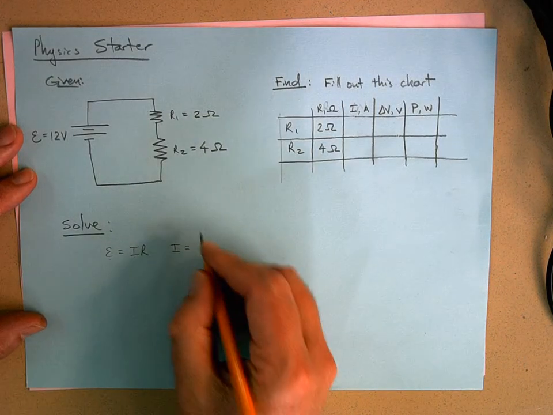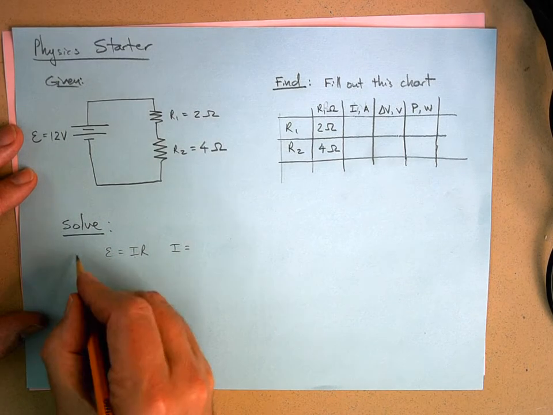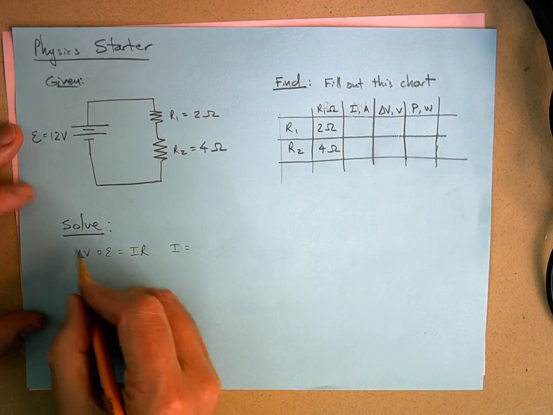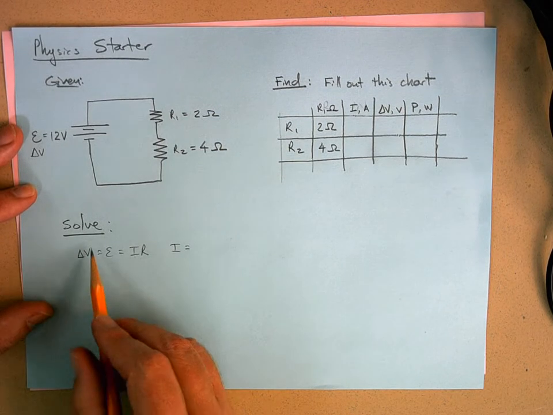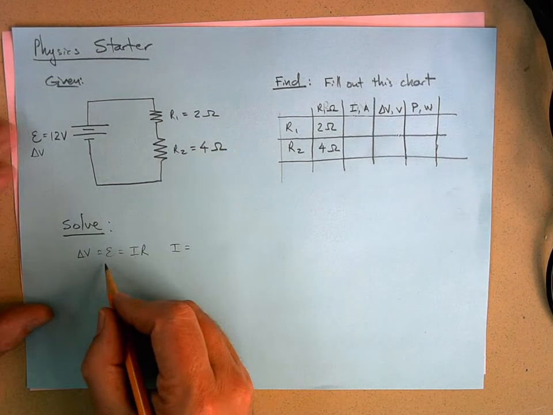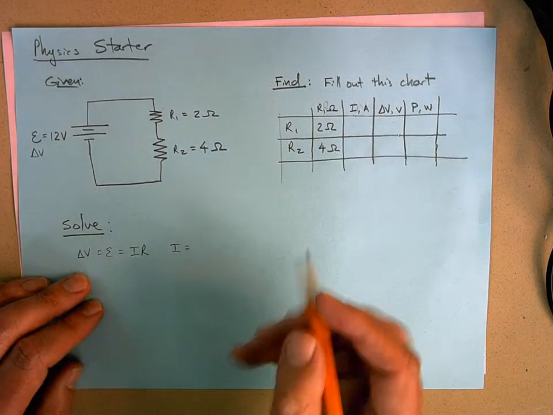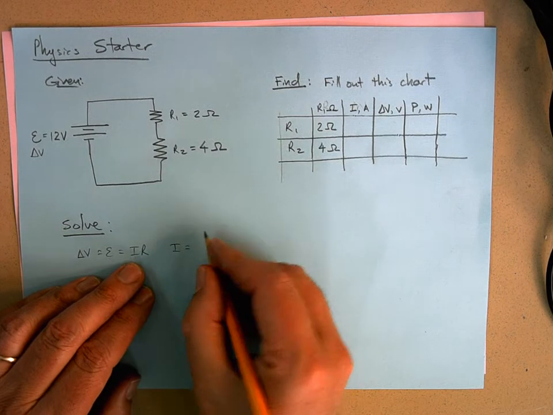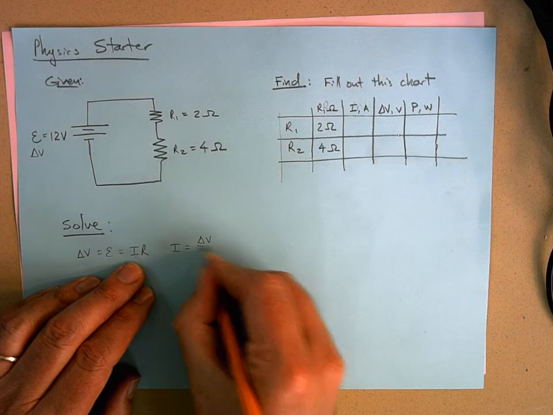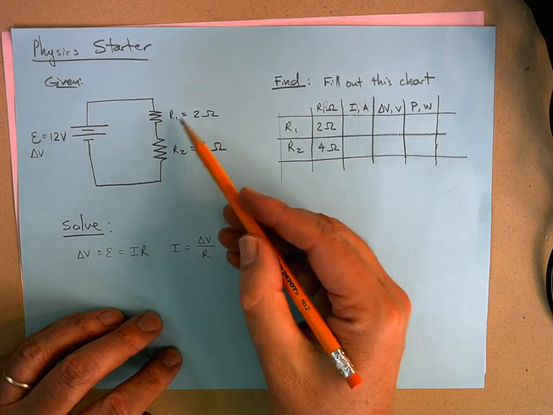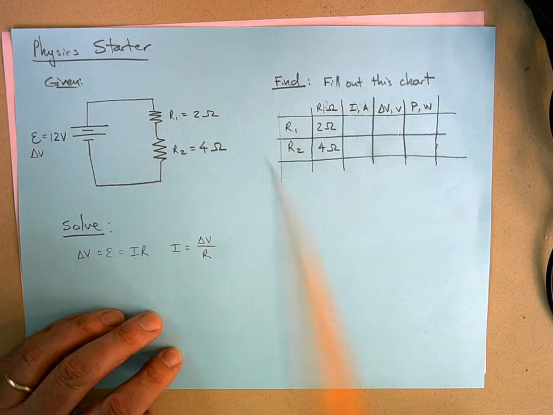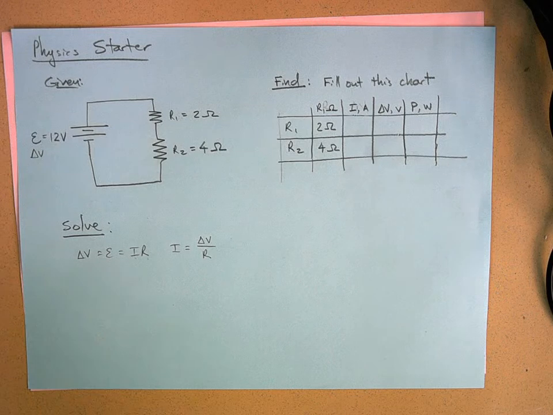I'll just say delta V equals, and then this is delta V. The total voltage is equal to the total current times the total resistance. So the current is equal to delta V over R. But this isn't R of either one of these resistors. This is R for the total resistance.